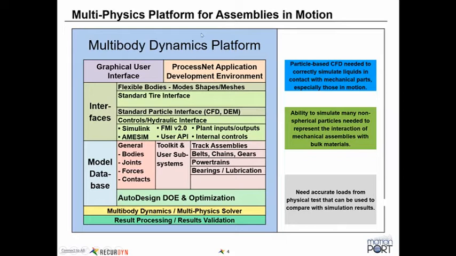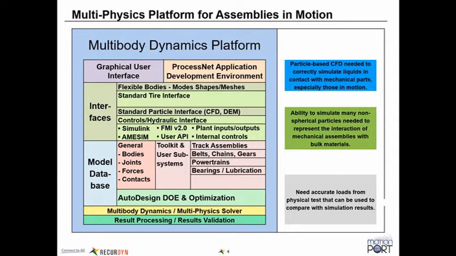So to be able to do all of this multi-physics simulation, we need a platform to start with. What is the basis for the simulation? For our activities, the platform is a multi-body dynamics platform. And what comprises that platform? Well, there's a graphical user interface.